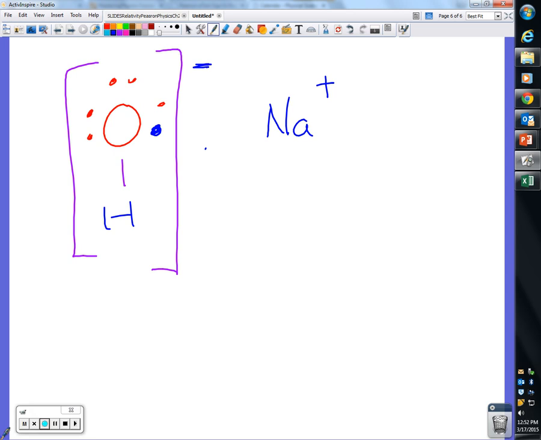Satisfaction comes in the form of lower energy, right? Stability, okay? And that's a result of how many valence electrons? 8. So here, everybody has ended up with the right number of valence electrons.